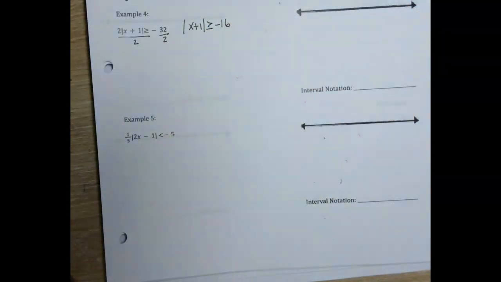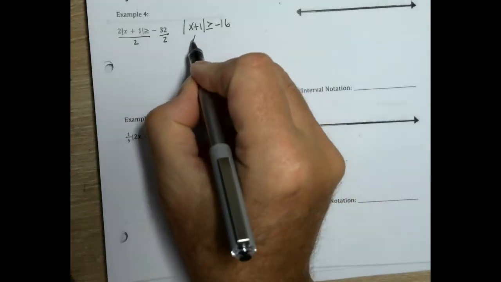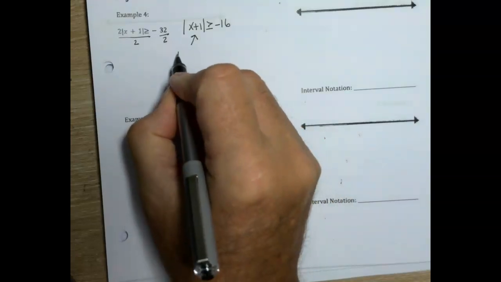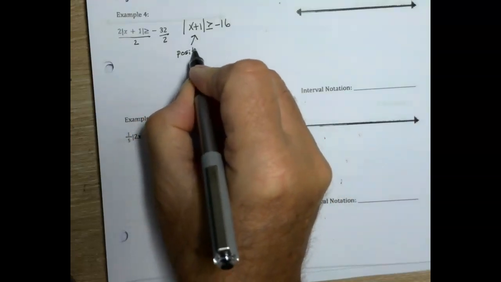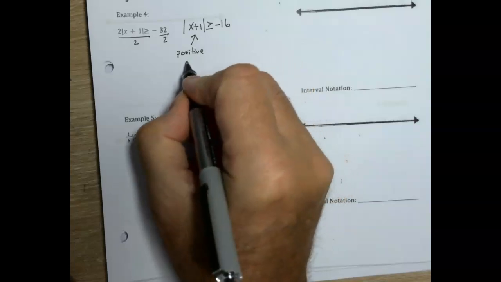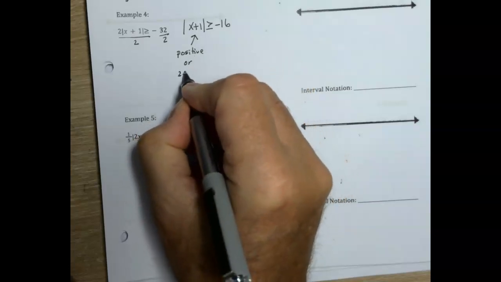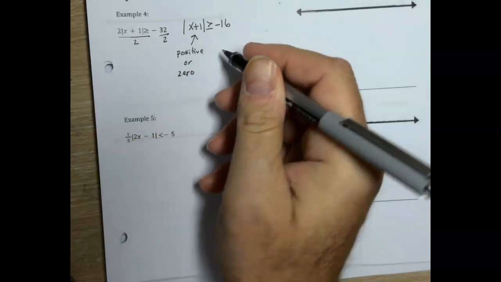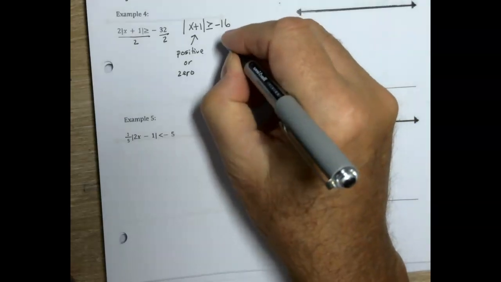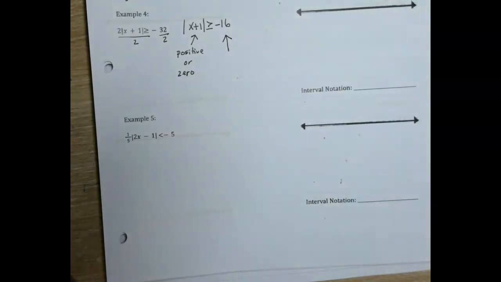Okay? So, if you think about it, this thing here can either be positive or equal to 0. That's what absolute value means. This is negative. Okay?